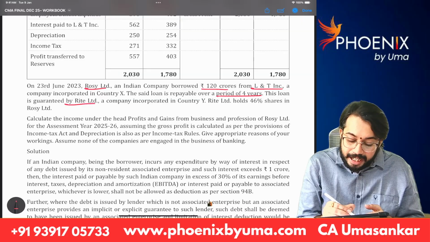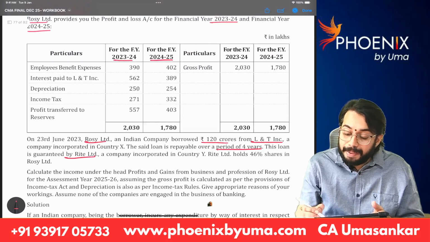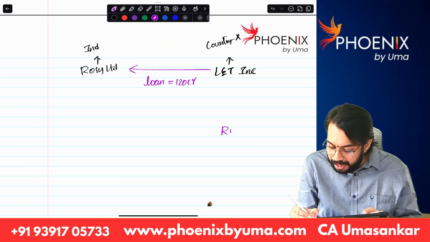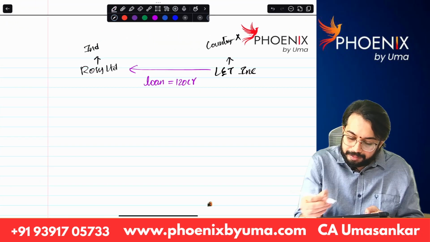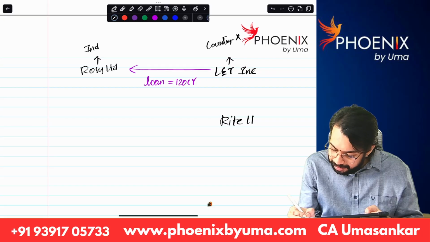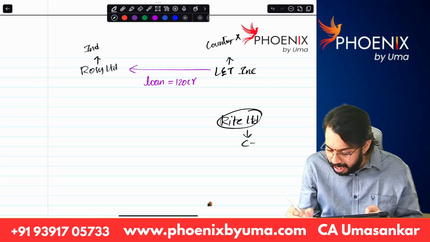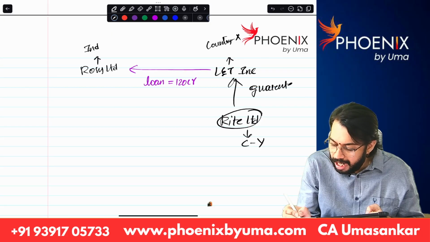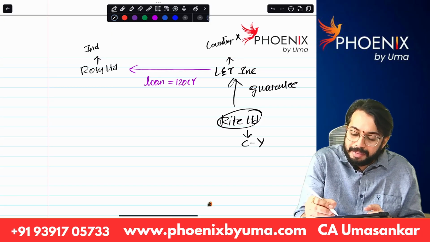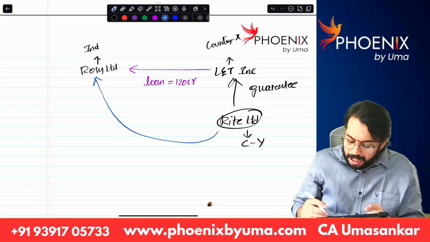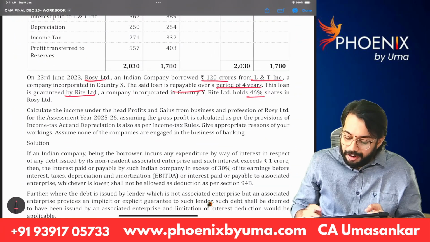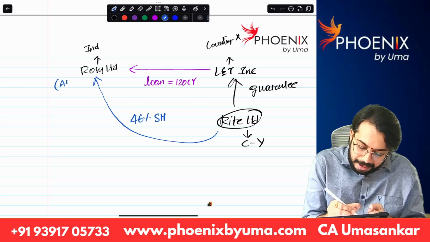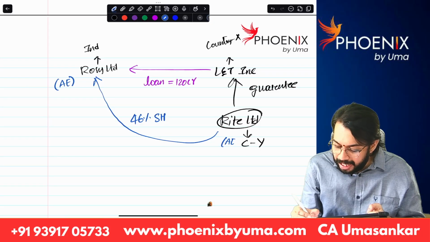This loan is guaranteed by Right Limited, a company incorporated in country Y. So there is one company, Right Limited, located in country Y. Right Limited gave guarantee to L&T Inc. and Right Limited holds how much shareholding in Rosie Limited? Right Limited holds 46% shareholding in Rosie Limited. That means Rosie Limited and Right Limited are associated enterprises.